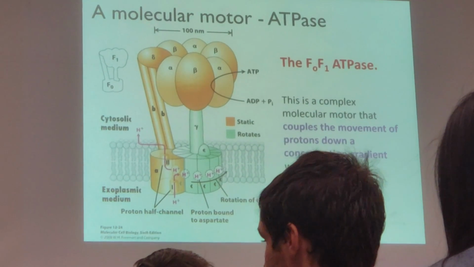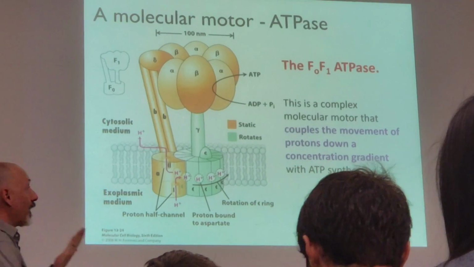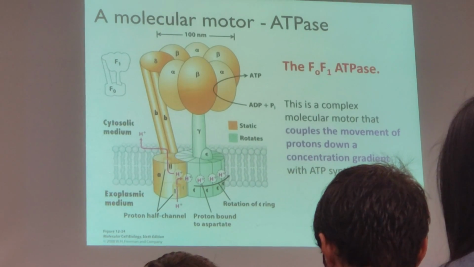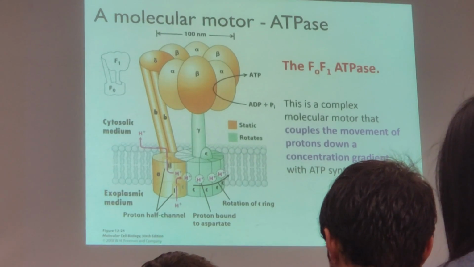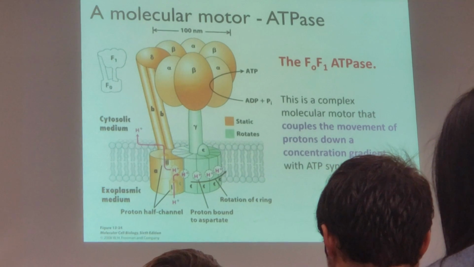That's really how this system works. I need to get some work into the system in order to drive this thing, and I do it with protons. Now, the protons aren't just simple leakage across the membrane. They are coordinated and orchestrated.